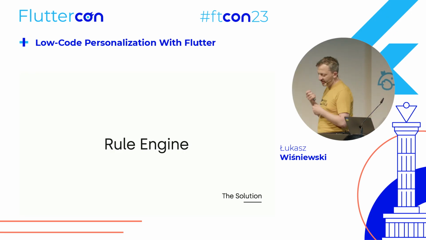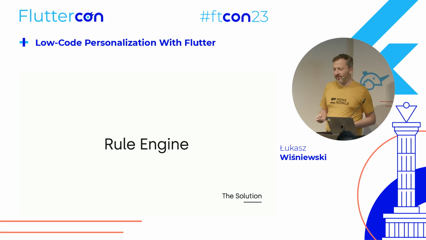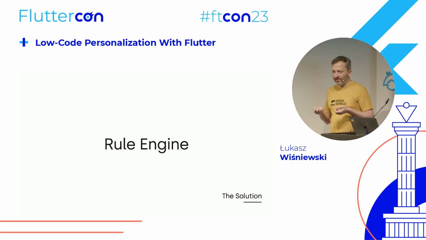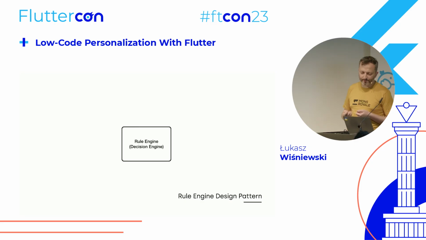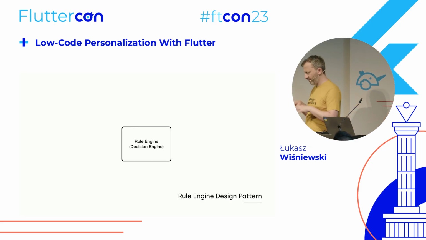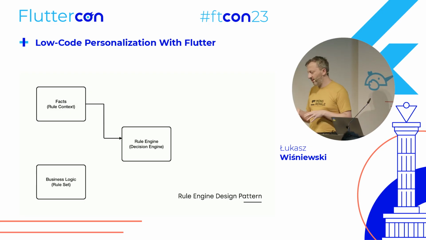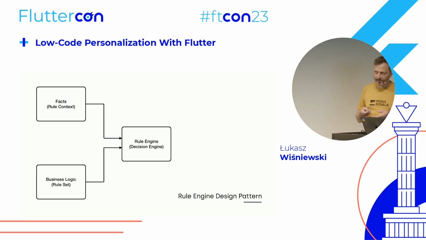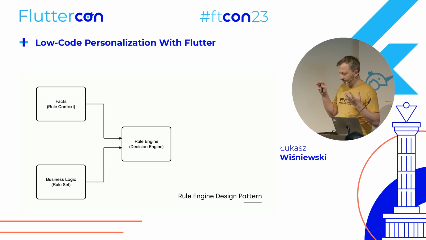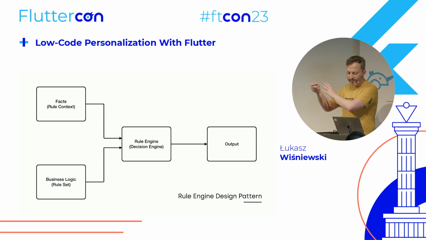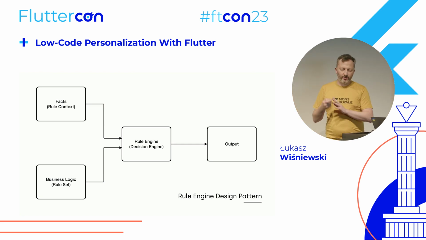And the answer to this diagram is a rule engine. You might wonder what it is? Well, it's a design pattern. So a rule engine is a black box which takes two inputs, facts and business logic, and it spits out some sort of information. Now, facts is the information about users.